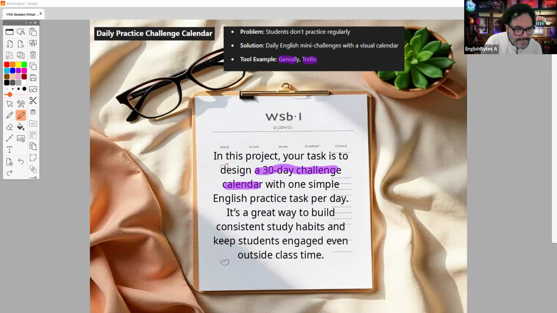Voy a abrir el archivo. Por ejemplo, si yo decido hacer el calendario, que creo que es el más sencillo, honestamente, para mí.